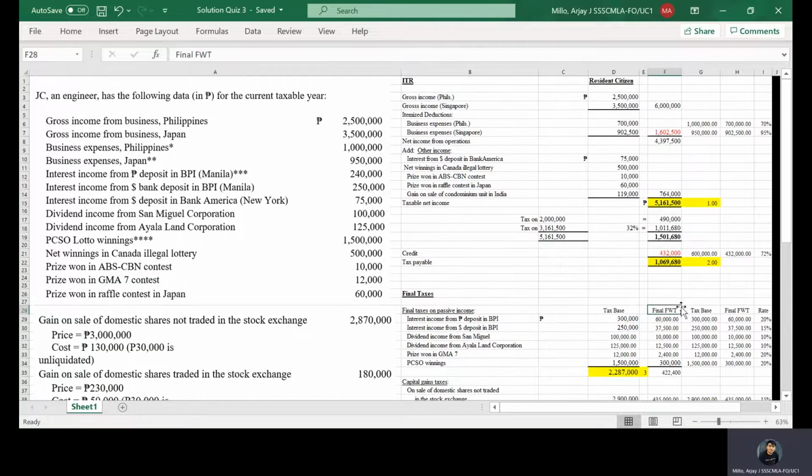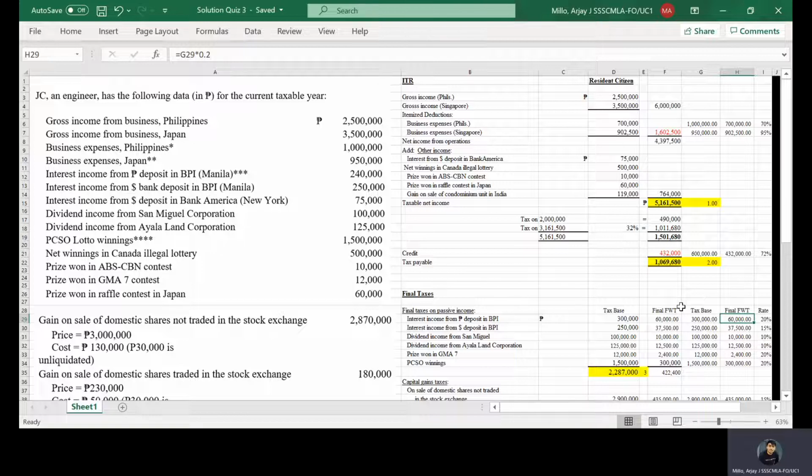So yung 240, yun na yung nadeduktan na siya nung final withholding tax, which is 20%. So we need to gross it up to 80% to have the amount nung income talaga, amount of interest income. So that's 240 divided by 80%, that's 300,000. So 300,000 yung tax base natin. Tapos ang rate niya is 20%, so 60,000 yung final withholding tax.